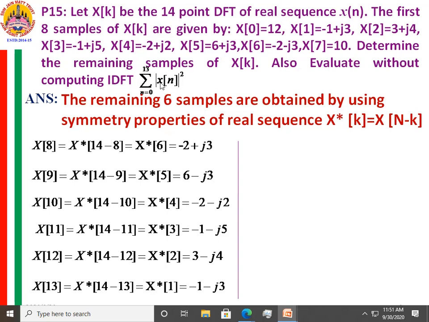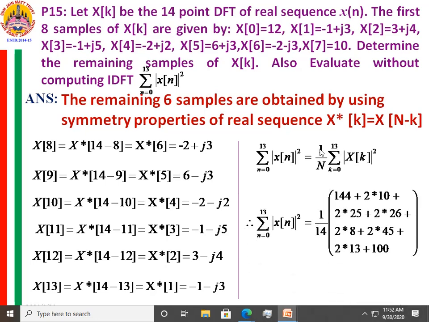Now making use of Parseval's relationship, I can write this equation as summation n from 0 to 13 magnitude of xn square is equal to, now capital N is 14 here, so 1 by 14 summation k from 0 to 13 magnitude of xk square. So 1 by 14. Now magnitude of xk square, split this summation and go on adding each of the terms.